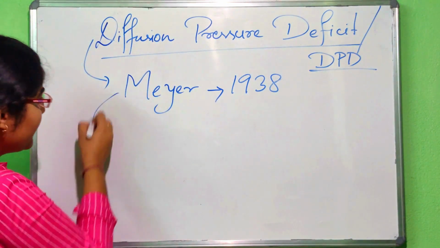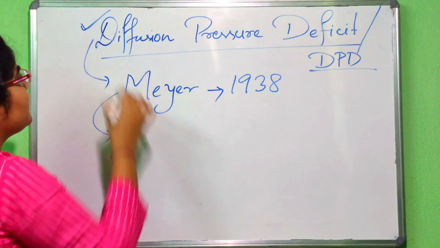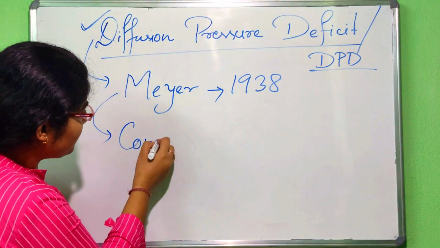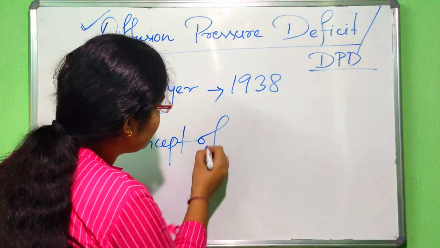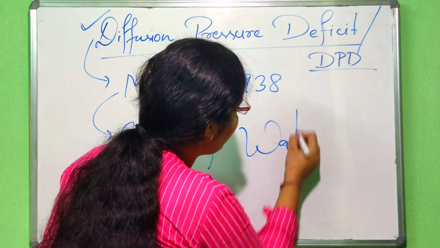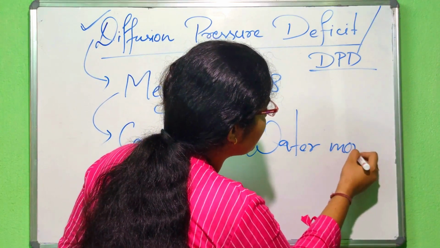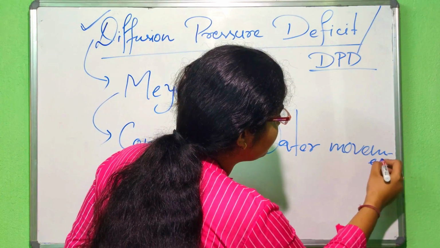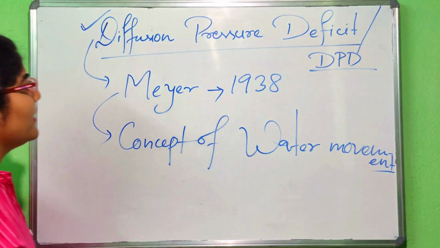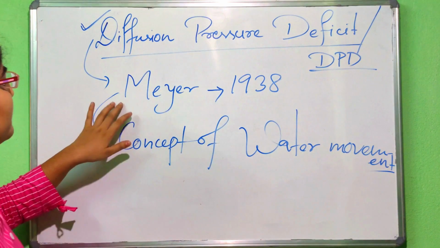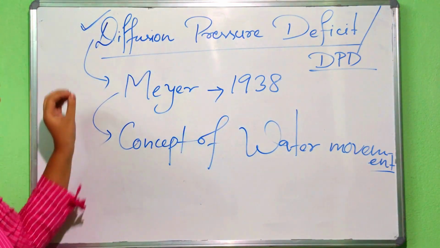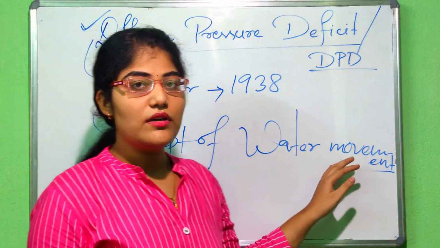Clear? He used the term diffusion pressure deficit, or DPD, to represent the concept of water movement.